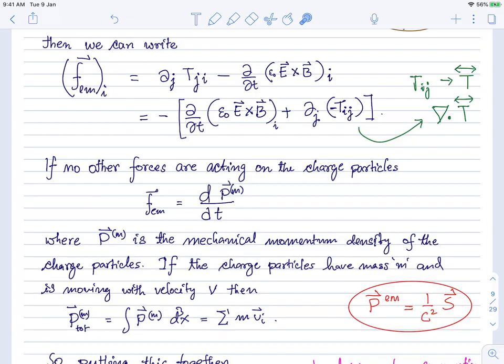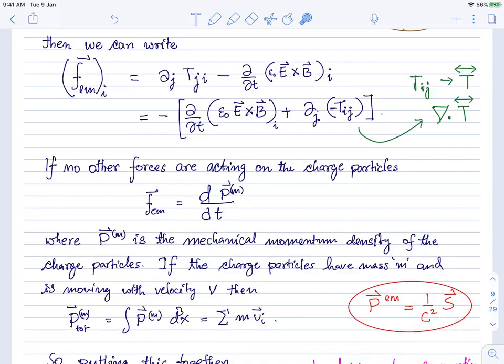Earlier we have seen that the energy current density was E cross B, 1 over mu naught though. But here, the momentum density is also E cross B. So the electromagnetic momentum density, the momentum in the electromagnetic fields, is 1 over c square times the Poynting vector.